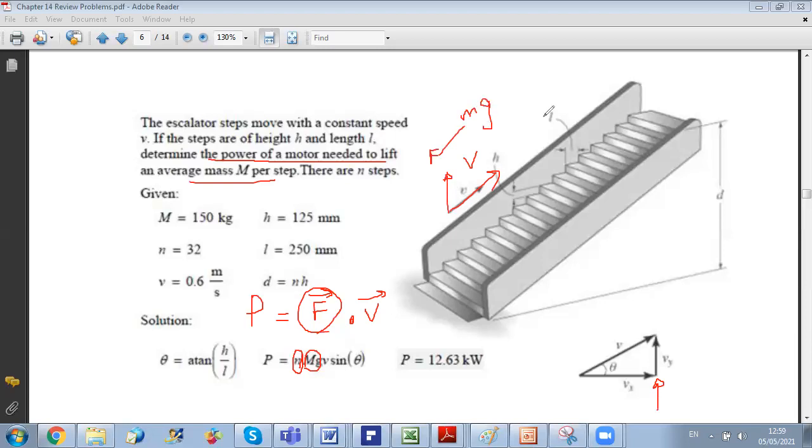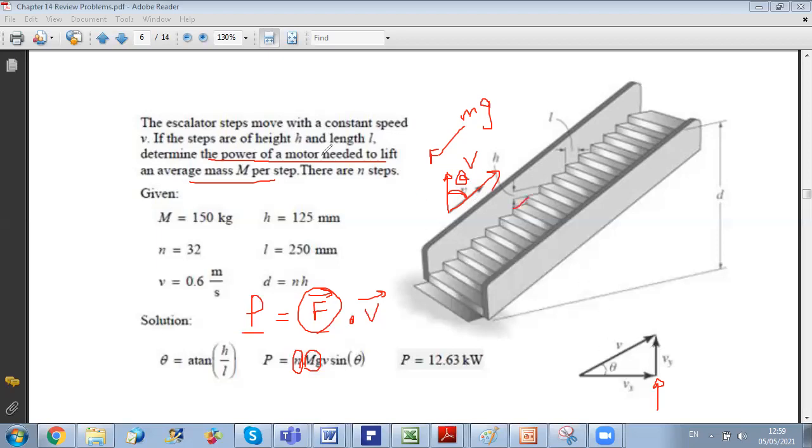So when you apply the formula of the power, F dot product V, you should know the angle between your velocity V and your force F. This angle is equal to the step angle.